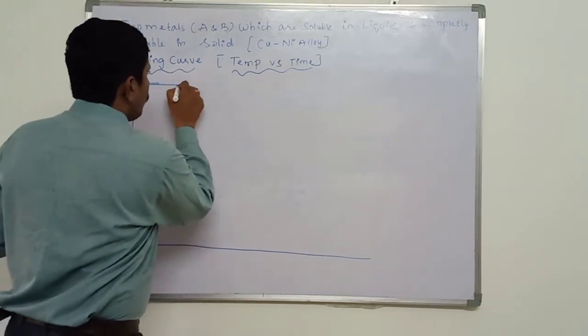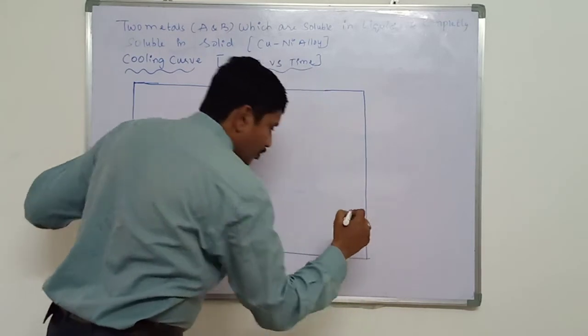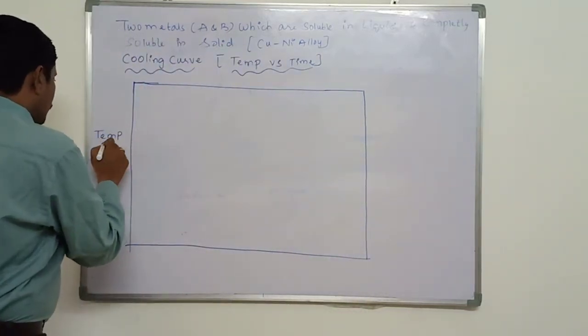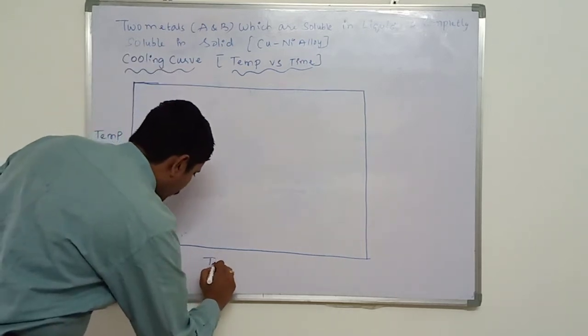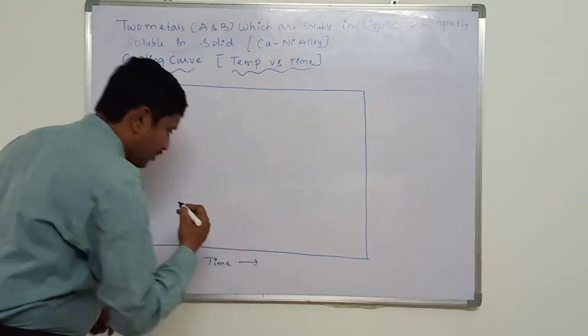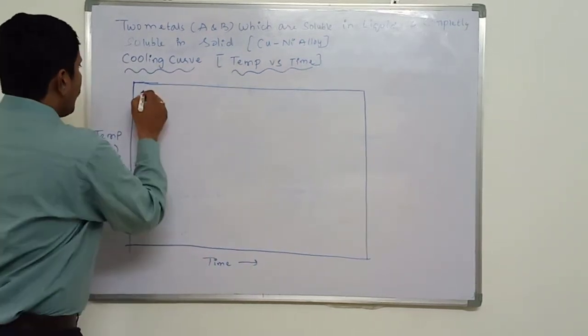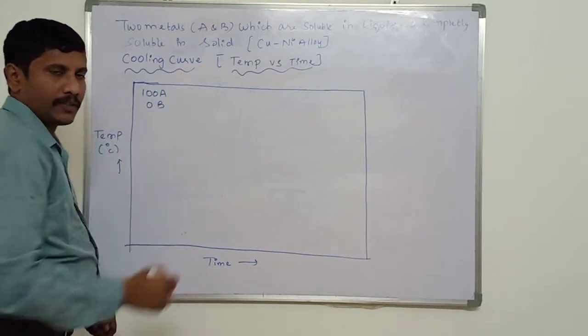So I am constructing the isomorphous alloy cooling curve. So I am taking temperature in terms of degree centigrade on the y-axis and time on x-axis. So initially I am taking composition as 100% A and 0% B, right?